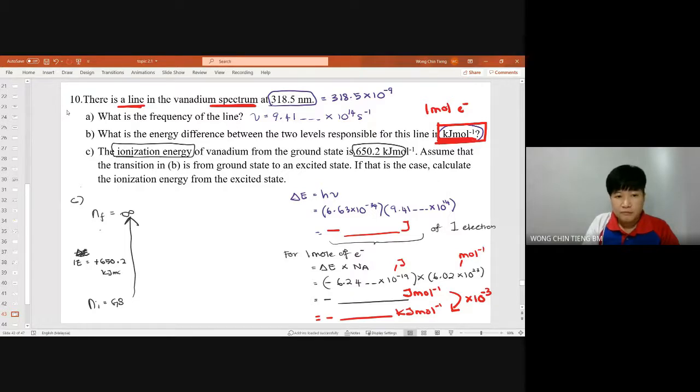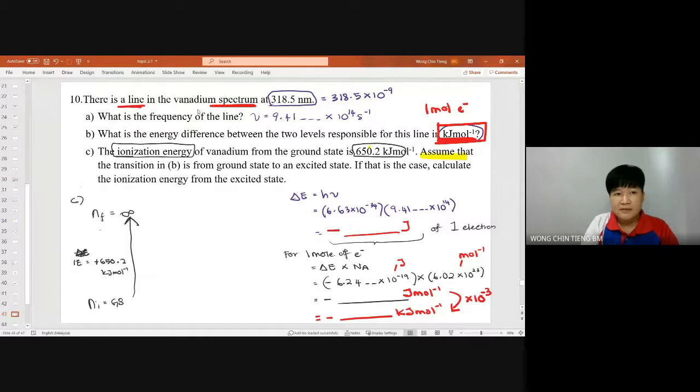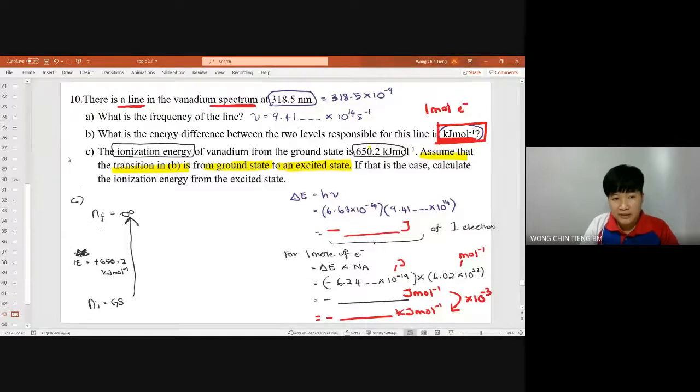kilojoule per mole. The question says, assume the transition in B is from ground state to an excited state. So the B that you just did is from the same ground state to an excited state.